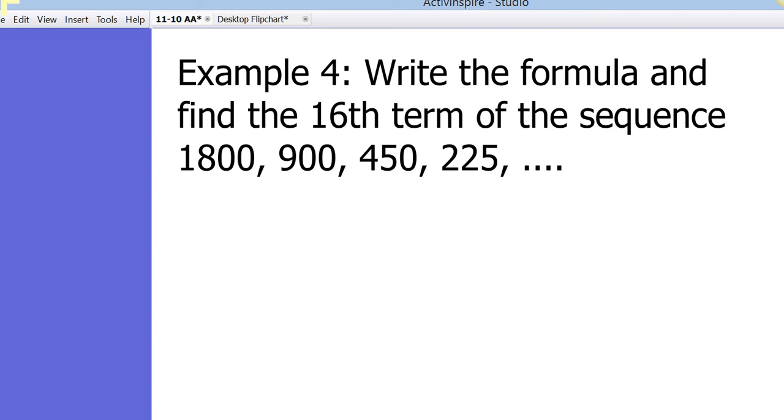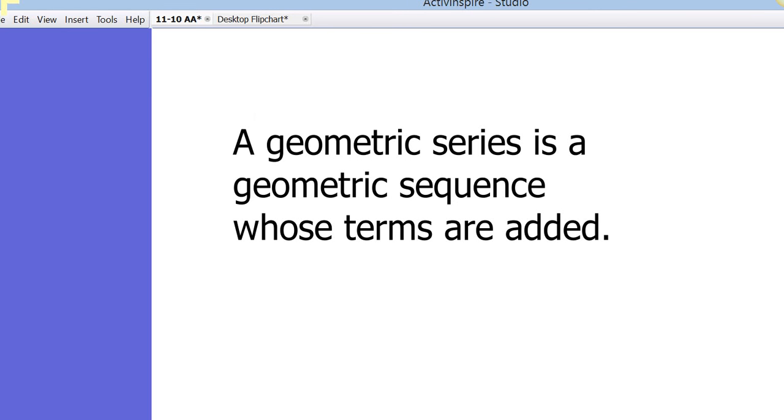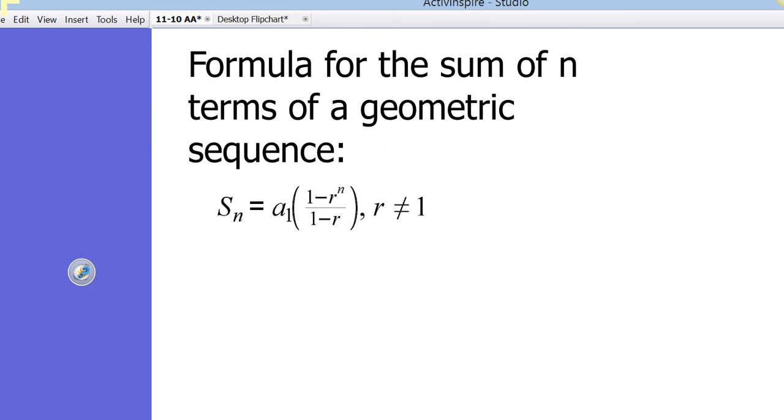Okay, so a geometric series now. Now let's talk series on the back. A geometric series is a geometric sequence whose terms are added. Okay, so the formula for the sum of n terms in a geometric sequence.